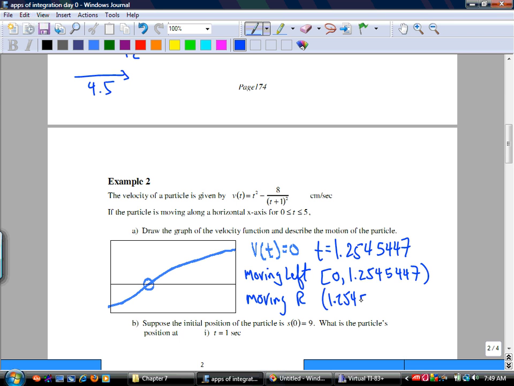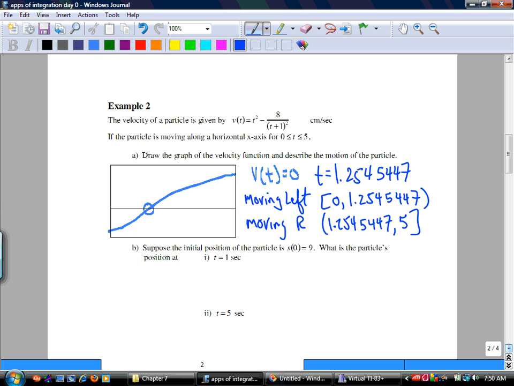From 1.254, 5447, comma 5. Because you're stopped at 1.25. You're not moving right yet. Or left.